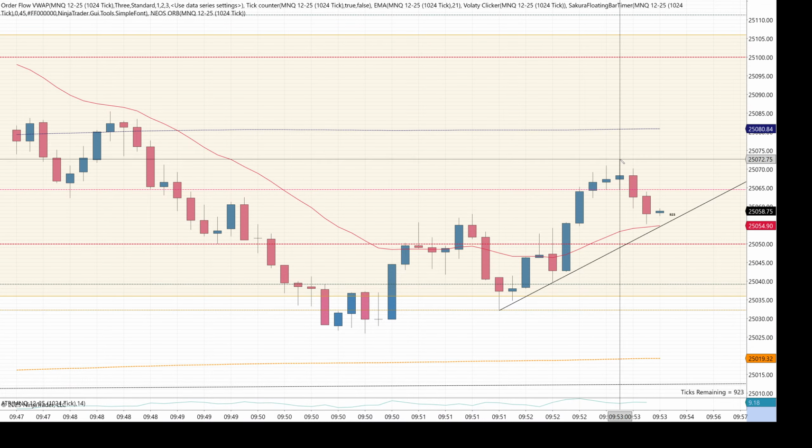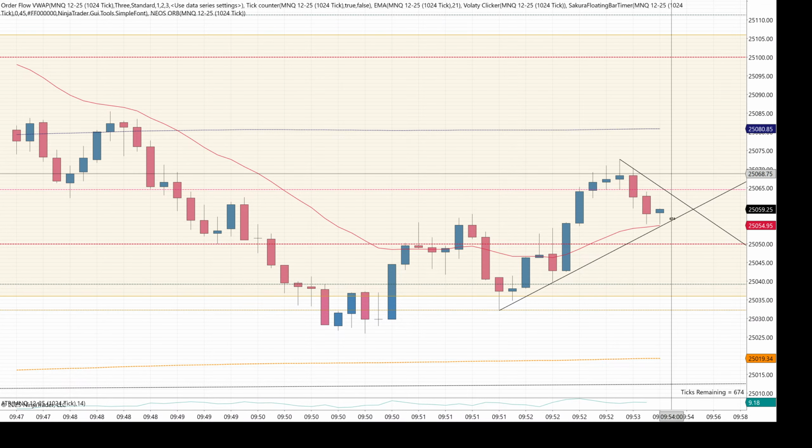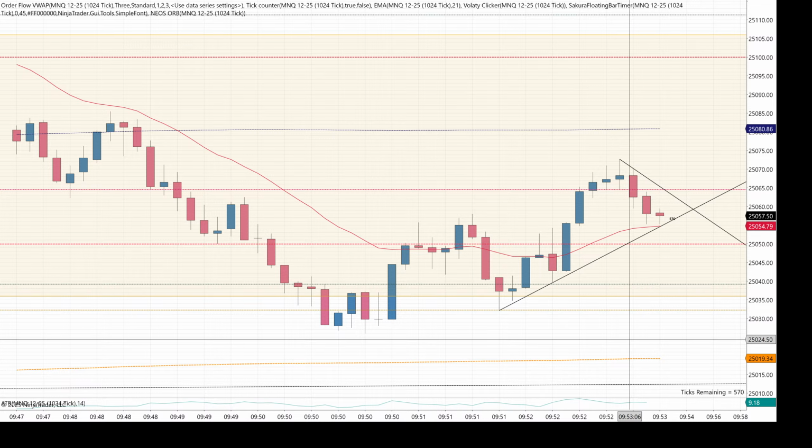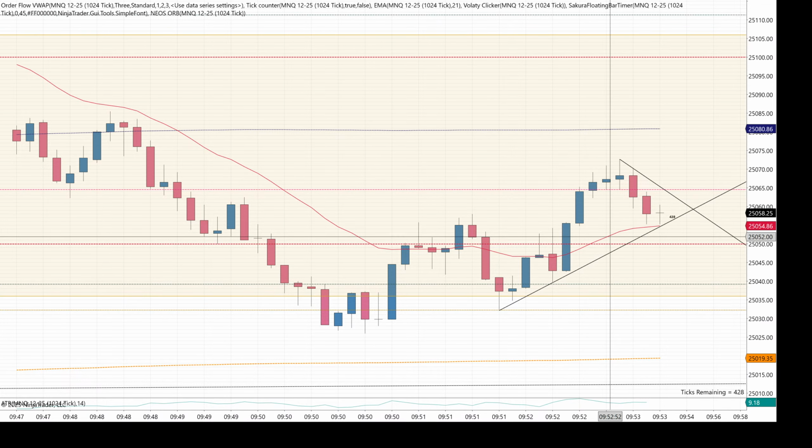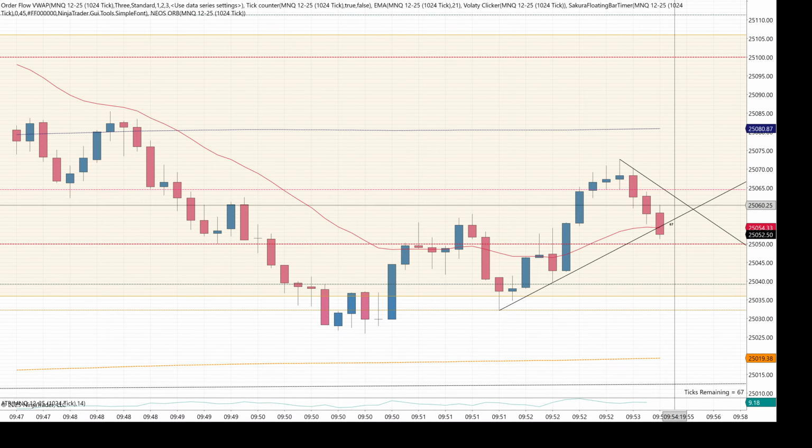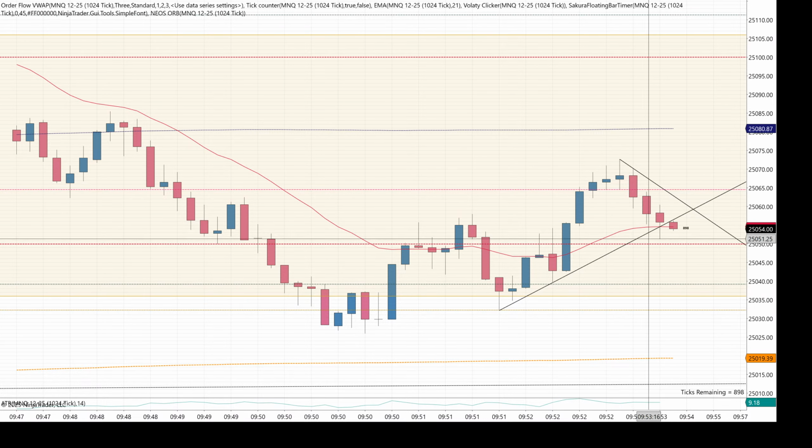We have a new downward trend line now. I would love to see a strong bullish candle that can break the downward trend line.